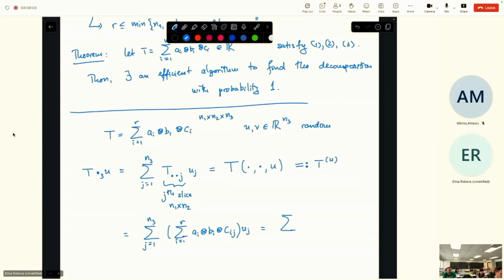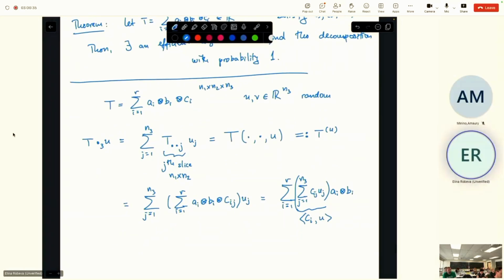I'm going to swap the sums, so I have sum i from 1 to r of, and now here I have a_i tensor b_i, but I also have this other sum over j from 1 to n3 of c_ij times u_j. And this is just the dot product of these two vectors, c_i and u. Okay, so I have sum from 1 to r, c_i·u times a_i tensor b_i.